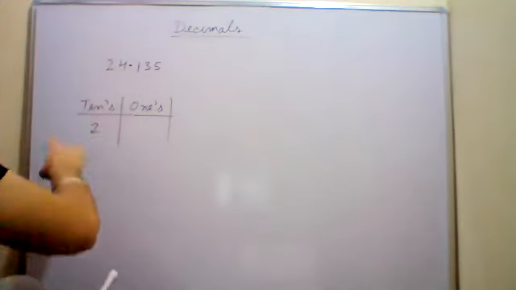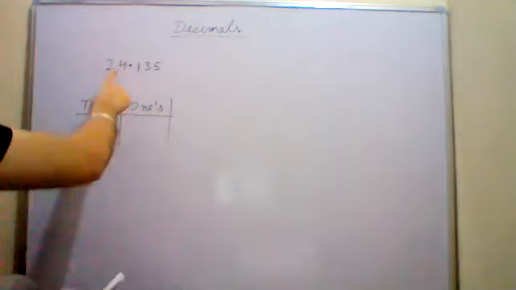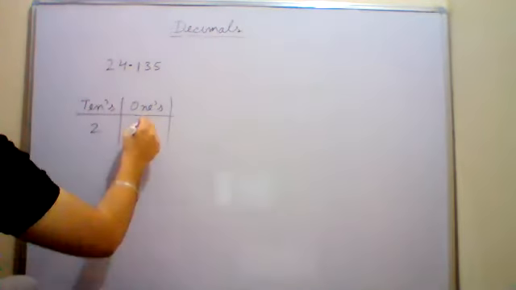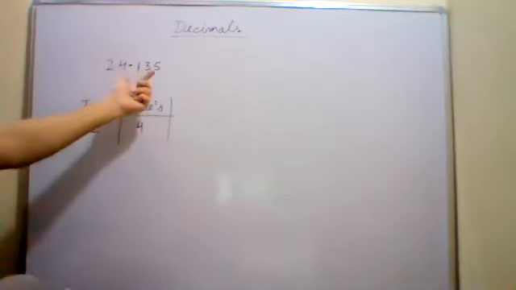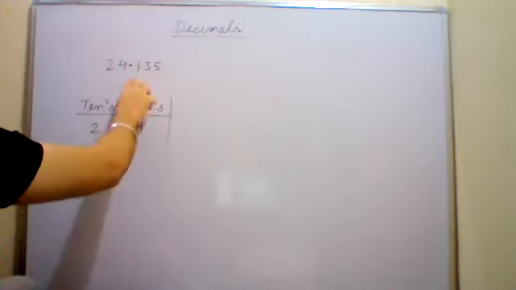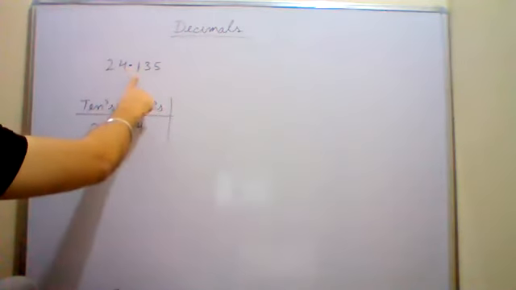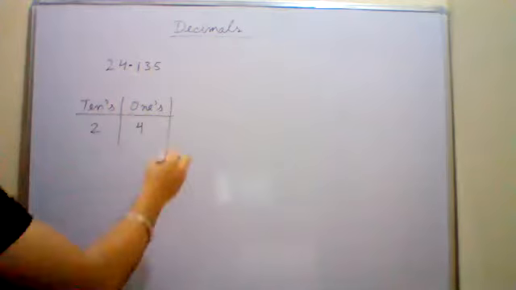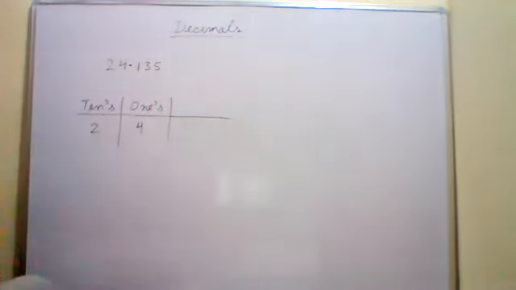So the digit at the tens place is 2. The digit at the ones place is 4. Now what happens with the digits after decimal? This is the decimal. These are the digits after decimal. What you have to do with them?